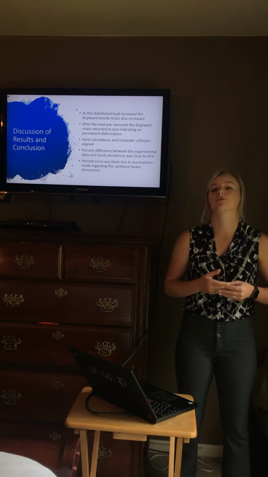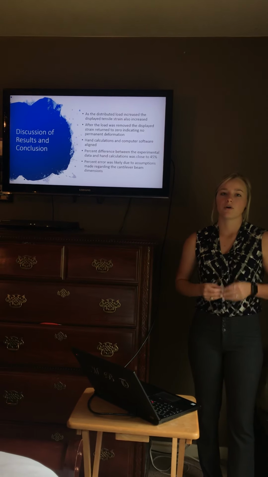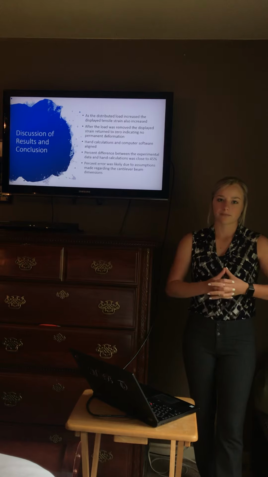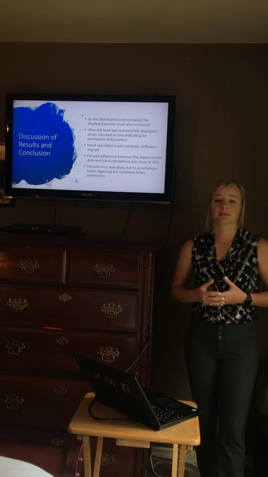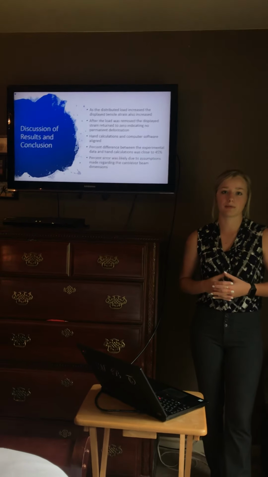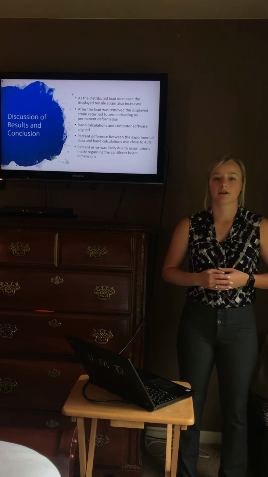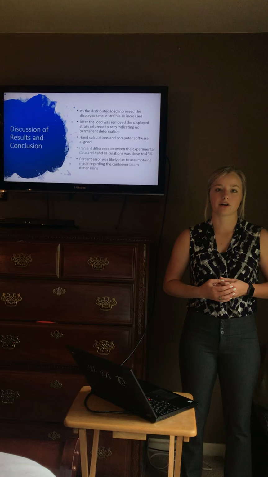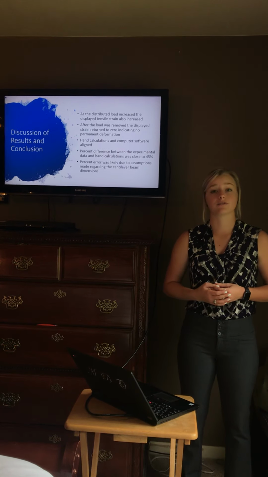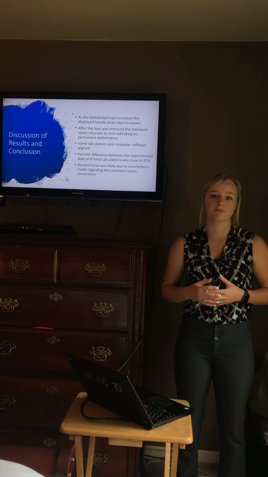Something like that could have really altered our results. Or there was something wrong within the experiment that we didn't know. The equipment was already set up prior to us arriving, so there could have been something incorrect. I know that there have been issues with this piece of equipment before, so that could be a reason as well.